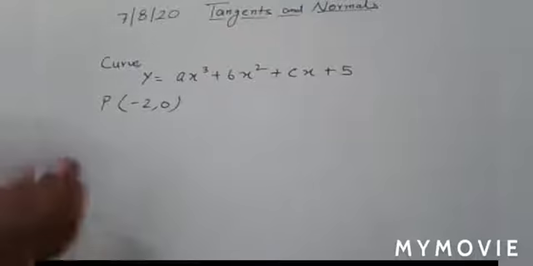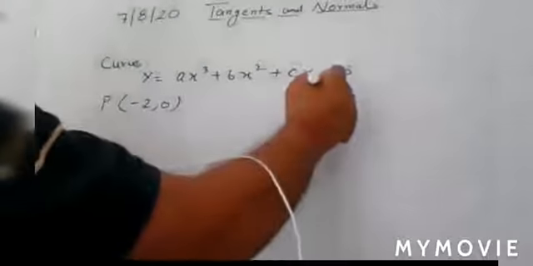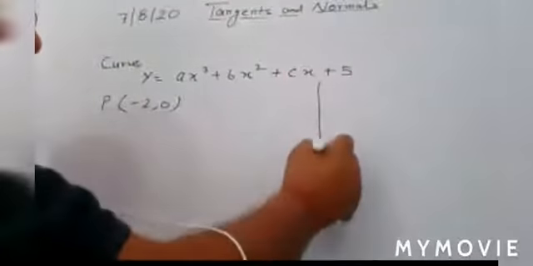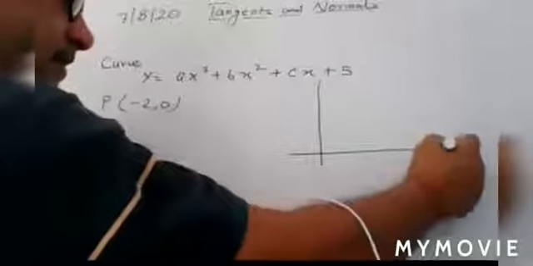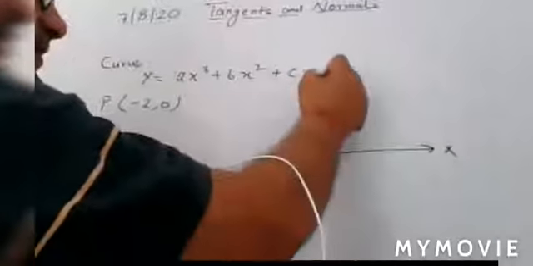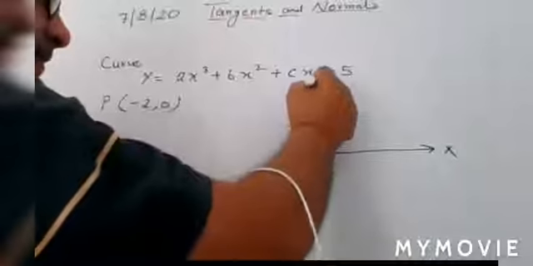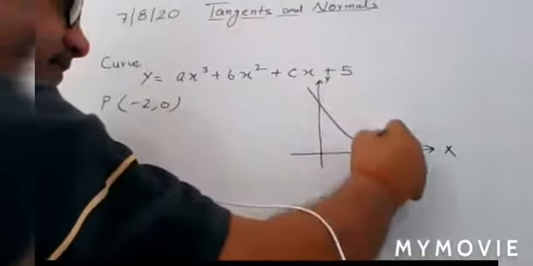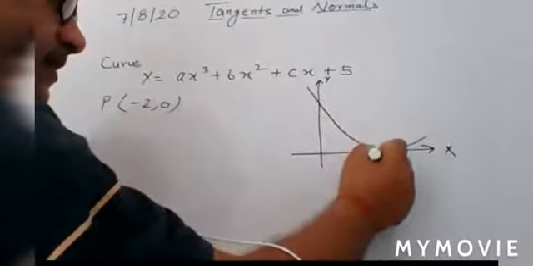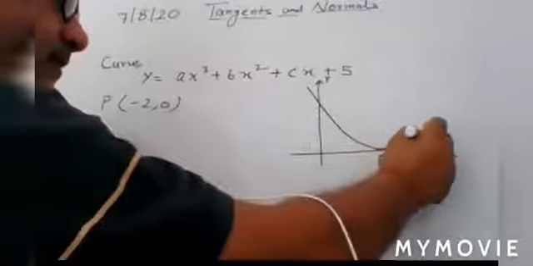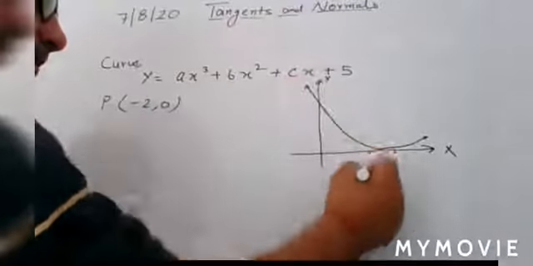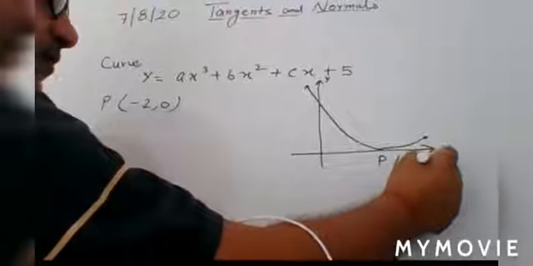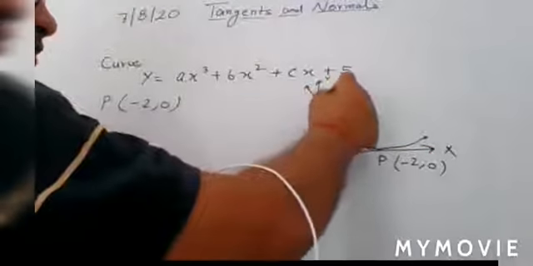So first you draw the rough sketch of this question. Here you have the x-axis and here you have the y-axis, and the curve touches the x-axis at point P, whose coordinate is given as minus 2, 0, and here you have Q point.